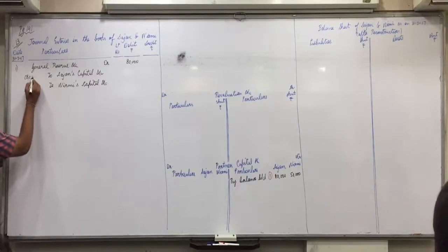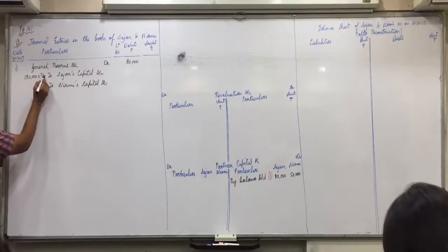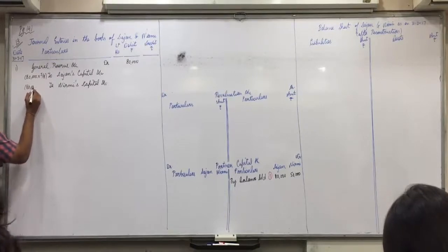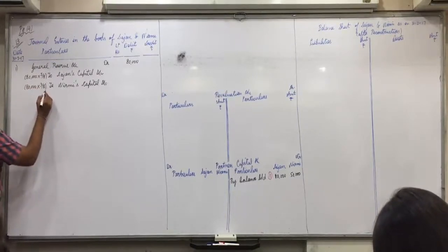So 80,000 into 5 by 8, 50,000. 80,000 into 3 by 8, 30,000.